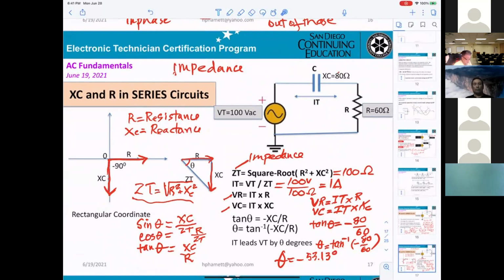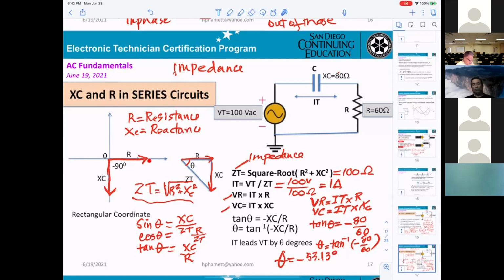We already know the resistor here will be leading the capacitive reactance by 90 degrees. Now if I draw the vector for R this way, how do I draw the vector for XC? When you're going up, that means 90 degrees. Then going down is minus 90 degrees. So R will be leading XC by 90.